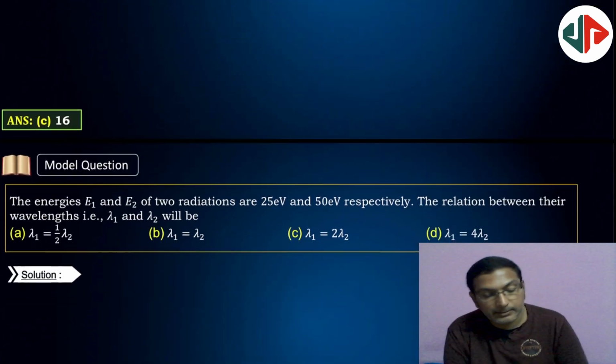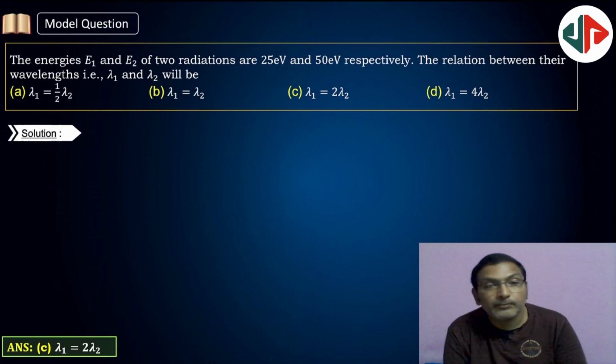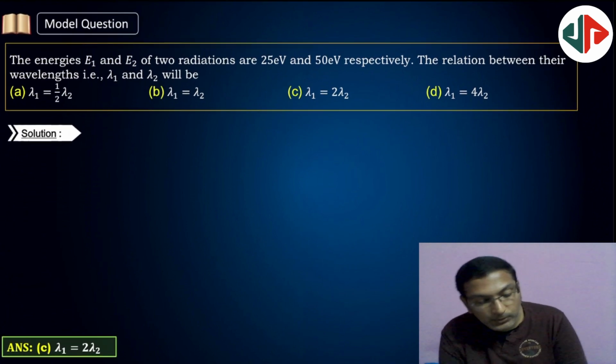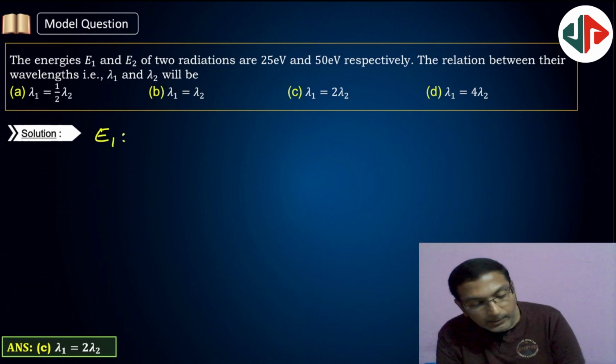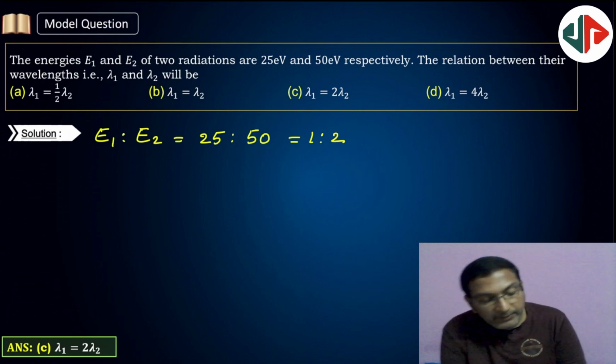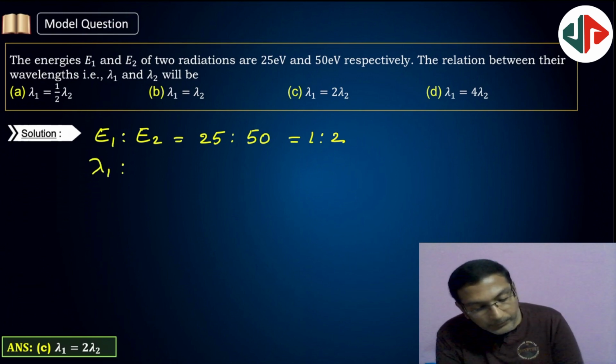Next question. The energies E1, E2 are given. Take the ratio between E1 and E2. 25 is to 50, which is equal to 1 is to 2. Wavelengths: energy and wavelength are inversely proportional to each other. Then it becomes 2 is to 1.